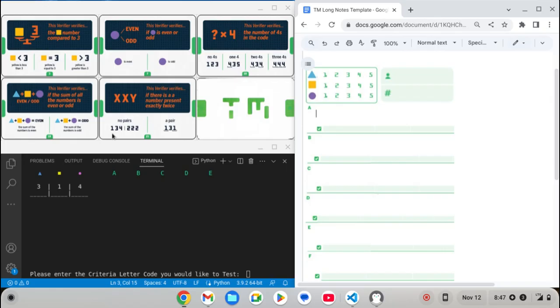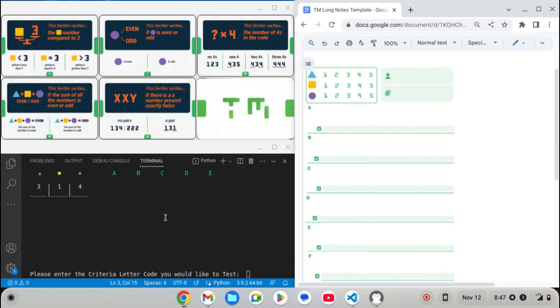One where all the digits are distinct, as in the example 134, or all the digits are the same, as in the example 222. And remember, the objective of today's puzzle is to find that unique 3-digit code that abides by all of the 5 criteria cards we just described. And we're going to start off with an initial proposal of 314.